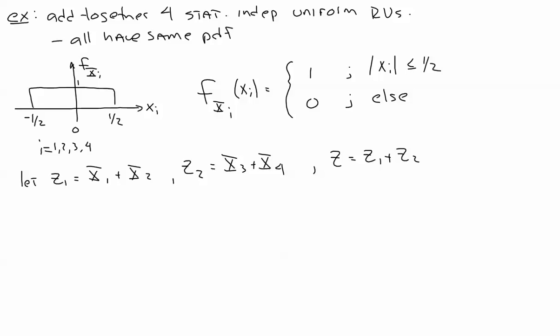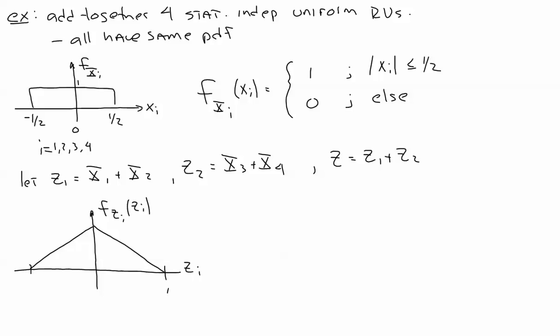Let me just draw this out for you. Mathematically, my probability density function for Z1 and Z2 looks something like this: 1 minus the absolute value of Z sub i, and 0 otherwise.